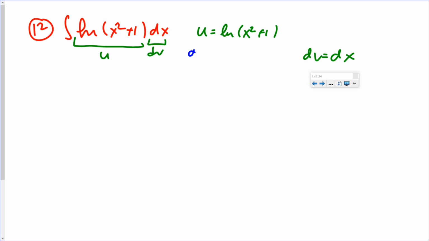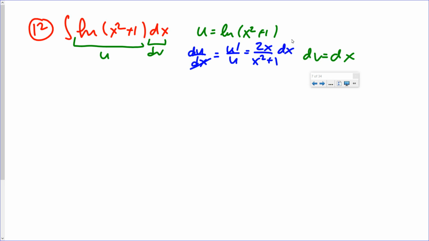So this guy over here is going to be u prime over u. Well, that's going to be 2x over x squared plus 1. Do you agree? Okay. So this is going to have a dx here because I'm going to multiply both sides by dx.